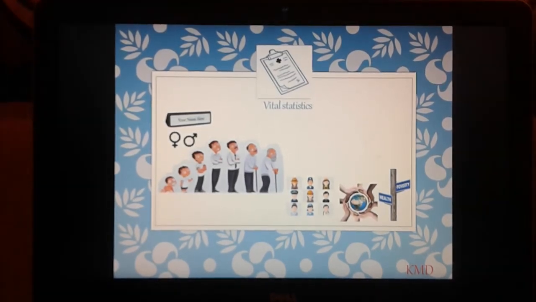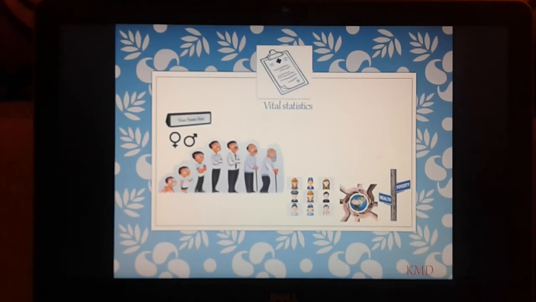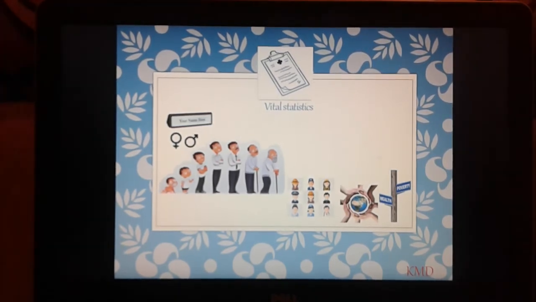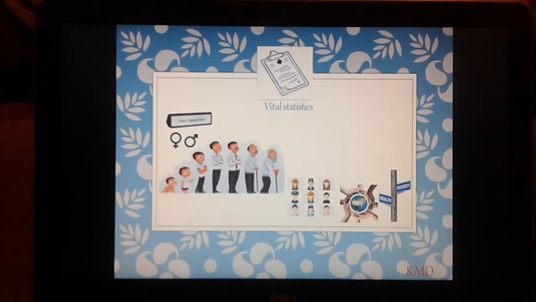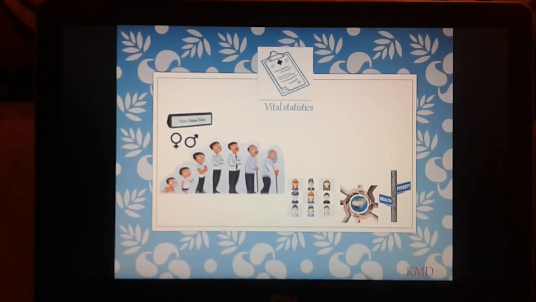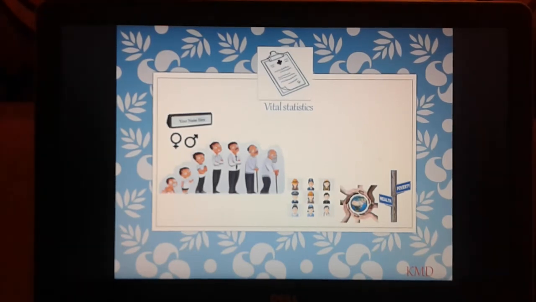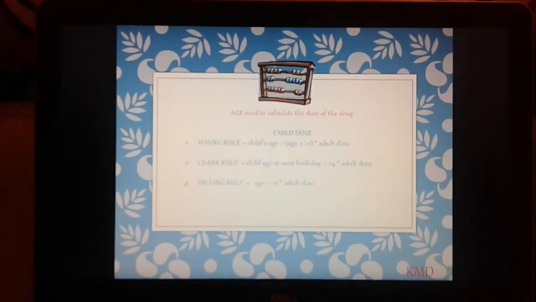For example, cleft lip and palate are seen at birth, and there are other diseases which are seen in young adults and also in the older patients. Age is also a criterion for calculation of a drug dosage.